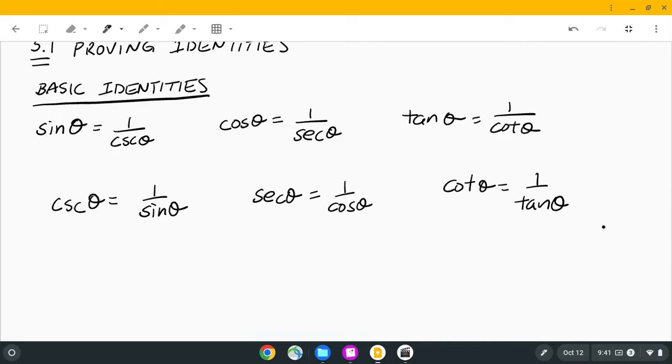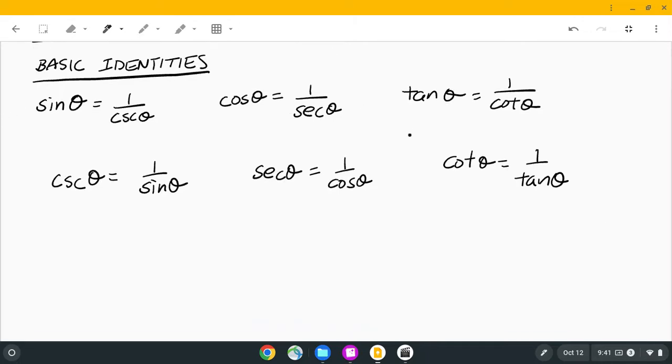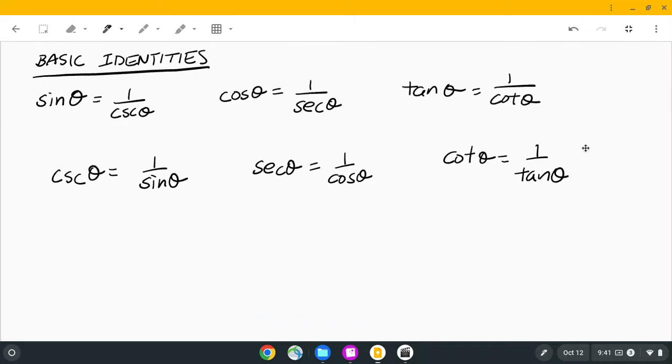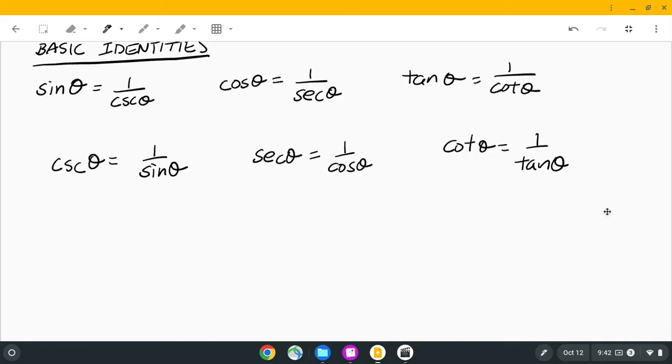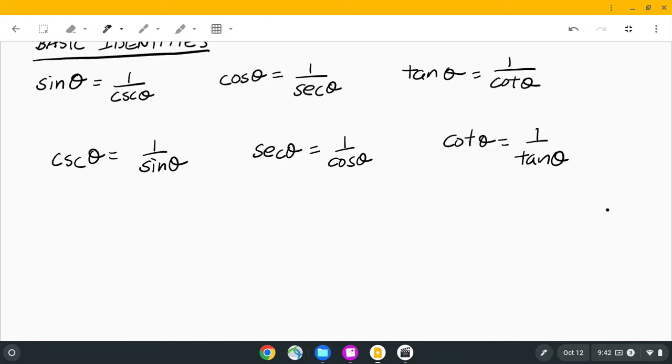Sometimes we want to go the other way so that we can get something else. Simplifying will come in a few sections, but when you see a 1 over a trig function, you want to rewrite it so that it's not this fraction.